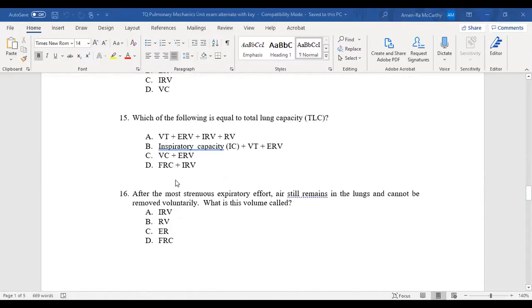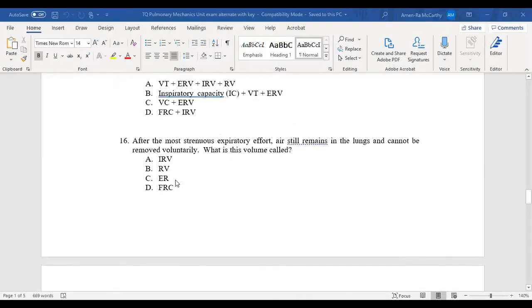Number 15, which of the following is equal to total lung capacity? Which one of these equal total lung capacity? Total lung capacity. Good. A, tidal volume, plus ERV, plus IRV, plus RV, all of it, right, is total lung capacity.